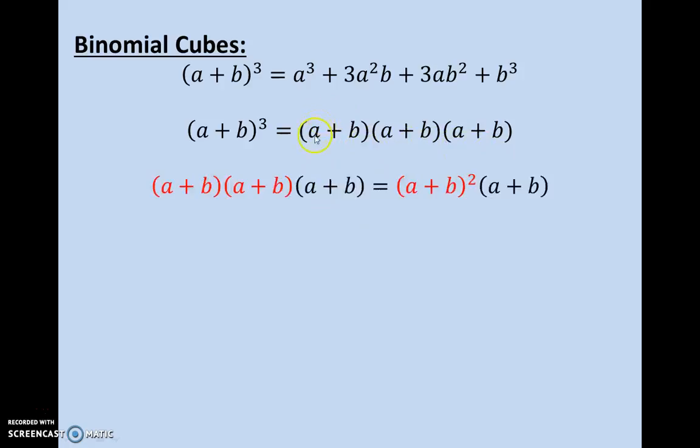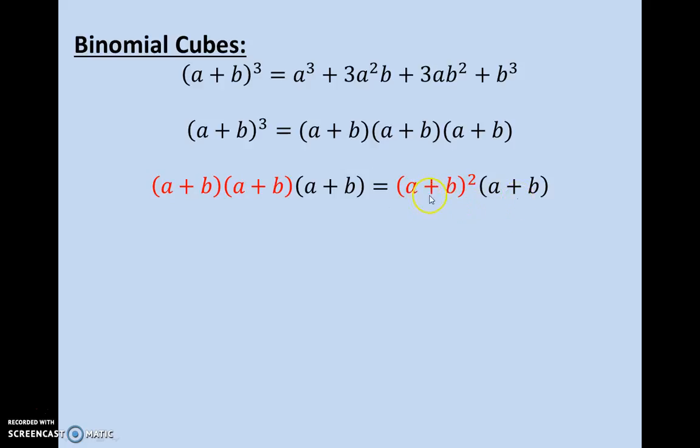So that means that if we're multiplying it out 3 times, notice that the first 2 a plus b binomials that are getting multiplied are really just (a plus b) squared, which is the pattern we just learned. So I'm actually squaring a plus b and then multiplying that square with another a plus b.